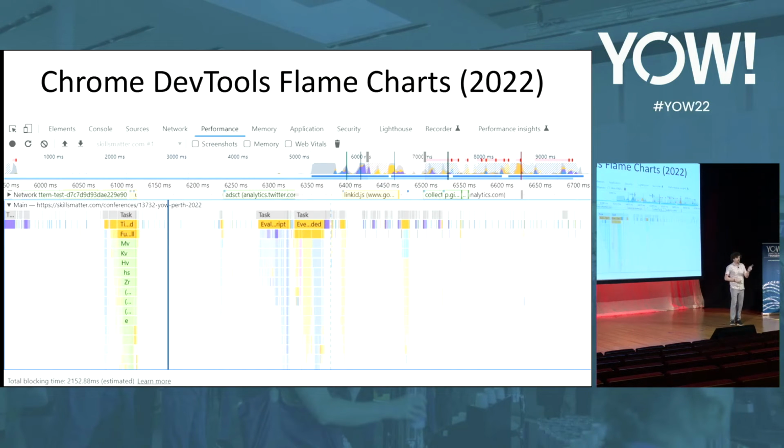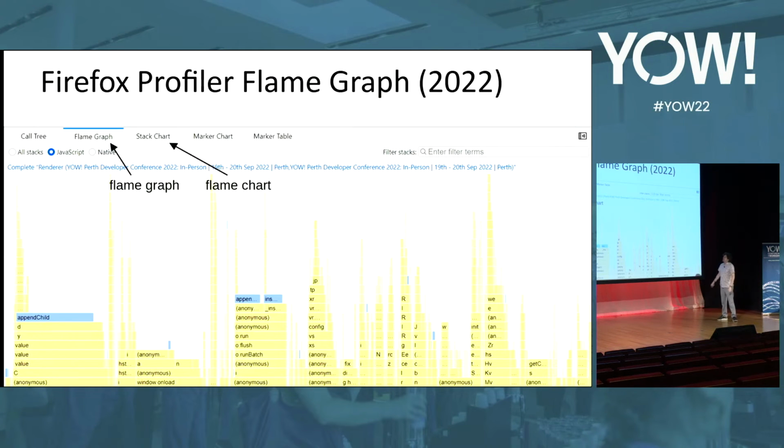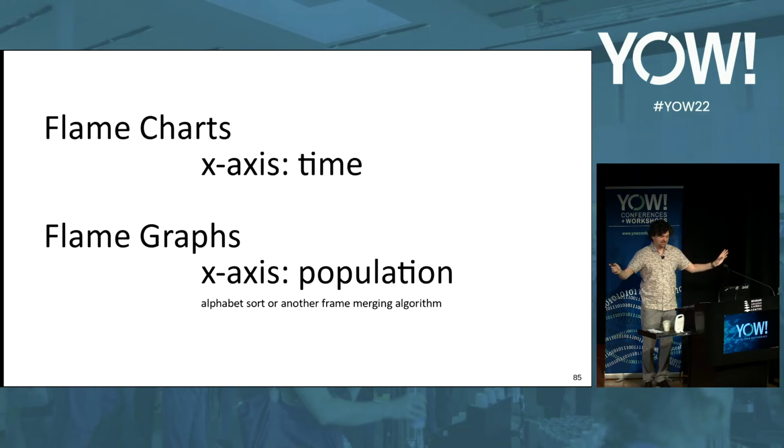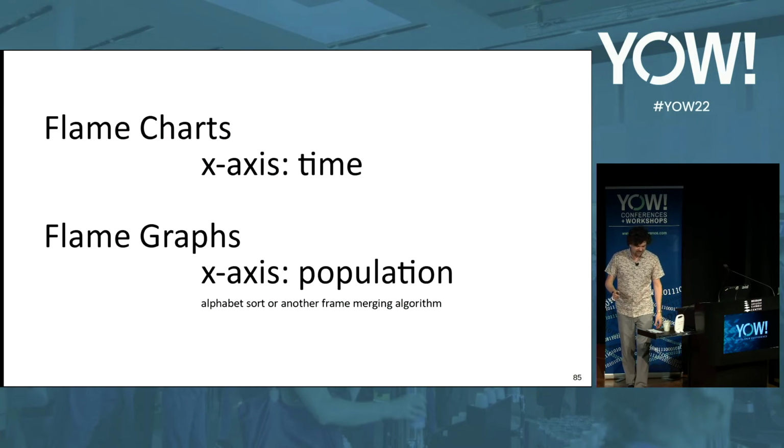They called it flame charts, which is convenient because now flame charts are time on the x-axis and graphs is alphabet. They should add a way to do both. Firefox's profiler, you can do both. So you can do flame graphs and flame charts, two views of the same data, which is great. That's what I recommend. So flame charts, x-axis is time and graphs, x-axis is the population.